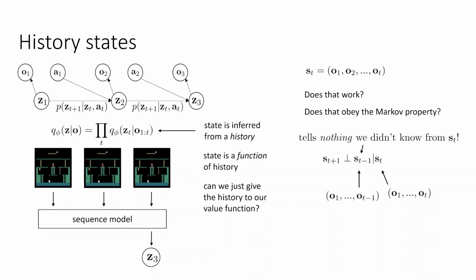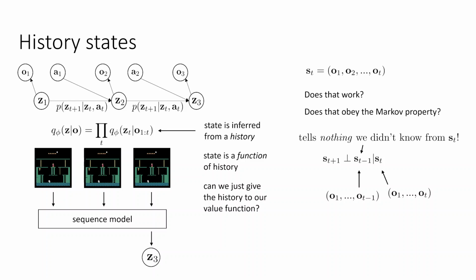The observations o_1 through o_{t-1} are contained inside the sequence o_1 through o_t, which means that if you already know s_t, which means you know o_1 through o_t, finding out s_{t-1}, meaning finding out all the previous observations, doesn't tell you anything new because that sequence already contains all those previous observations.